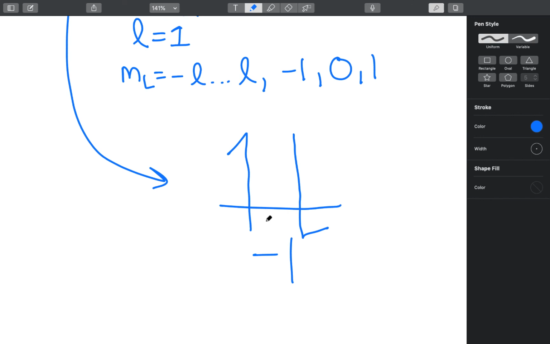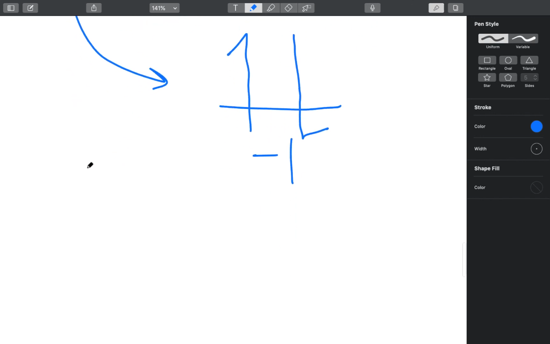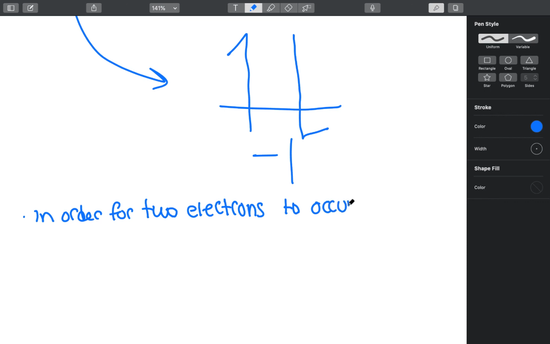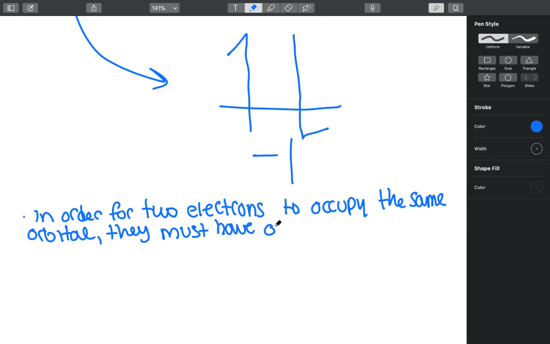So let's write it down here. In order for 2 electrons to occupy the same orbital, they must have opposite magnetic spin numbers.